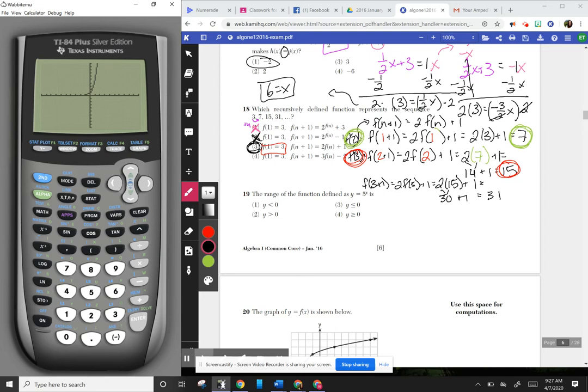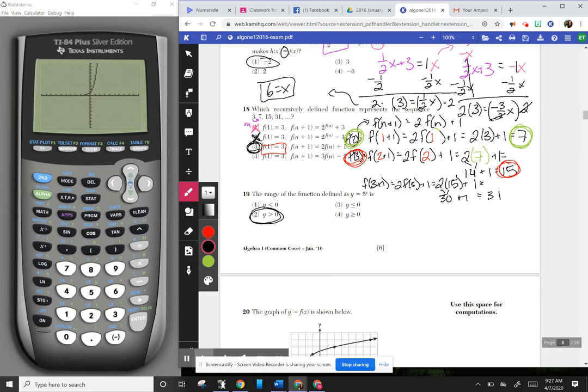Never. So because of that, our range, which is all the y values, can't go to the negative y values, which means that it always has to be greater than 0. But even though it looks like it touches the x-axis, it's never going to actually touch it either. So this one is just y is greater than 0.